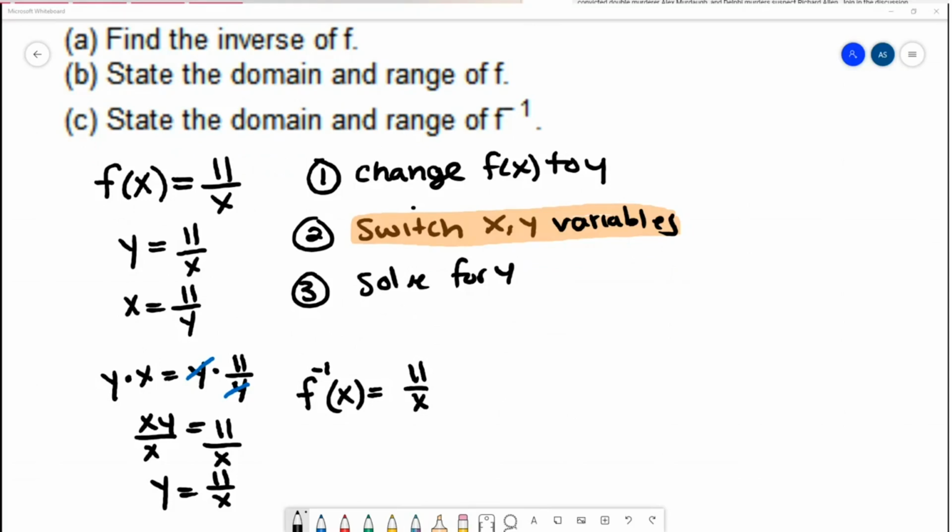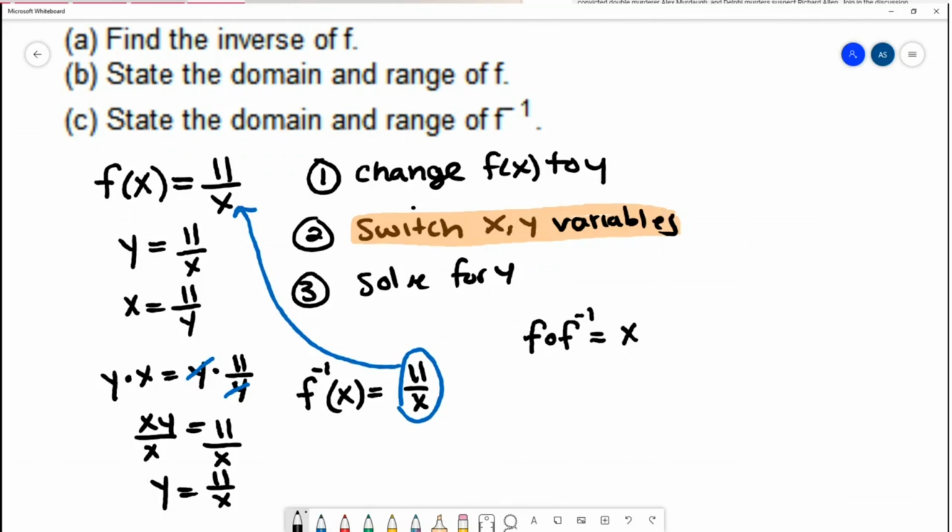Okay, if we're feeling a little bit iffy about that, we can verify. The way that we verify that two functions are inverses of each other is by doing the composition. So if we do the composition and we get x, then we have inverses of each other. So I'll substitute 11 over x into 11 over x.